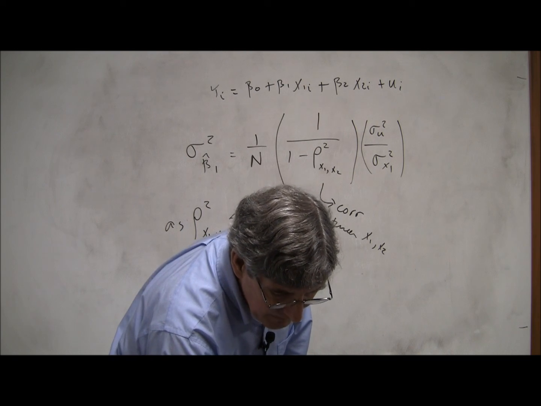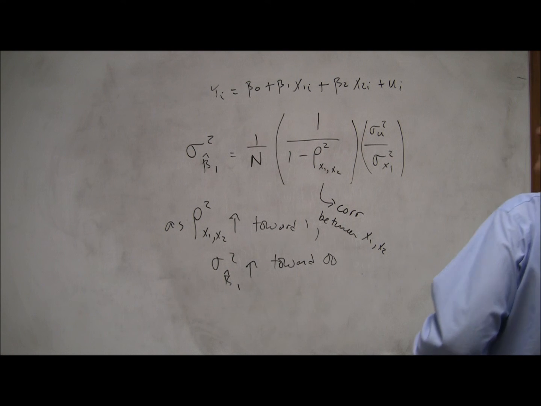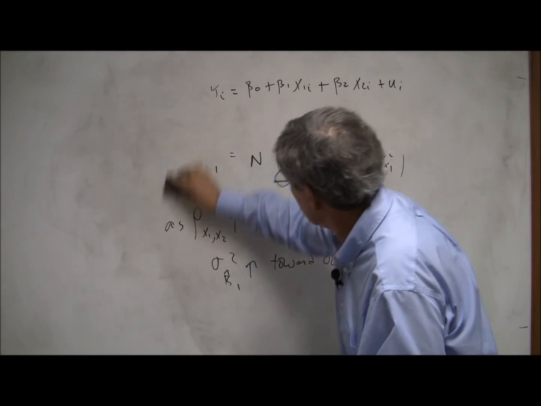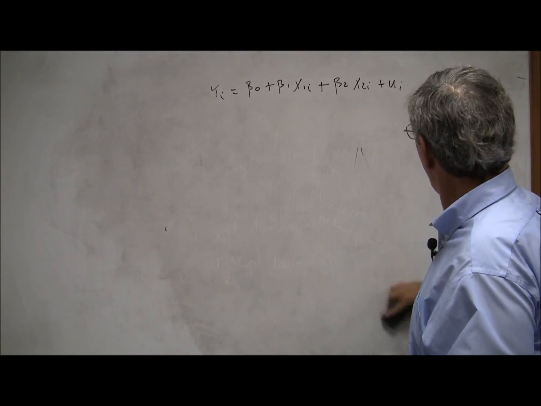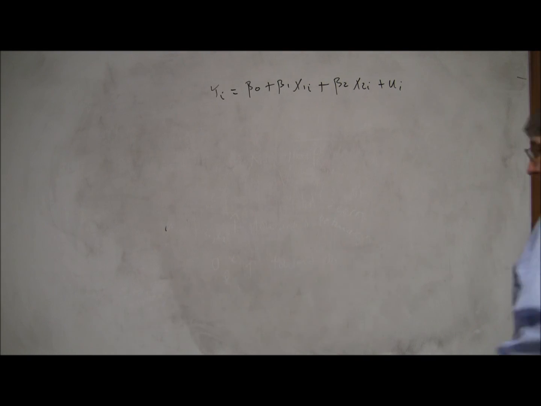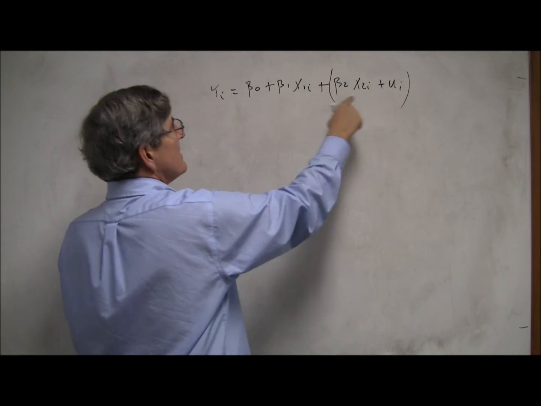So how do you solve this? Well, you can't drop one. Remember, with perfect multicollinearity, the solution was just to drop one of the variables. But you can't do that here. Why not? If I drop one, it goes into the error term. Remember that? This is the true model. If I estimate with just this, then this is my error term.